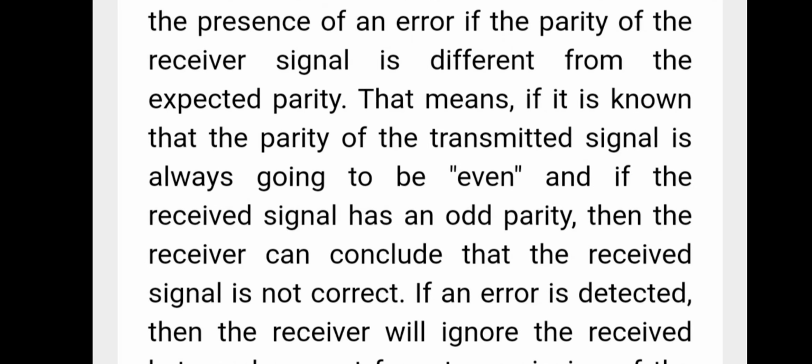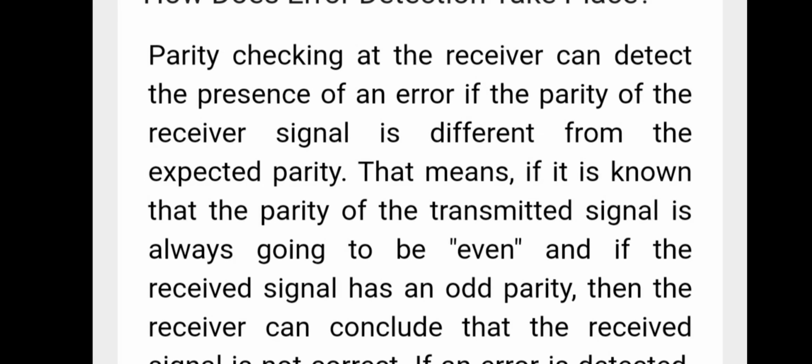Okay, once again, one simple example I am going to give you. While I am transmitting the data, the first bit is represented as a parity bit, either even or odd.